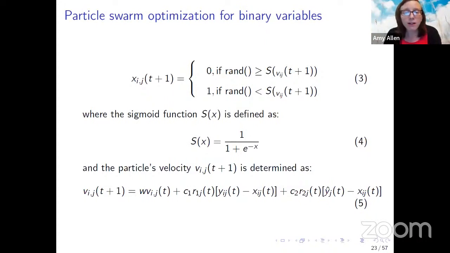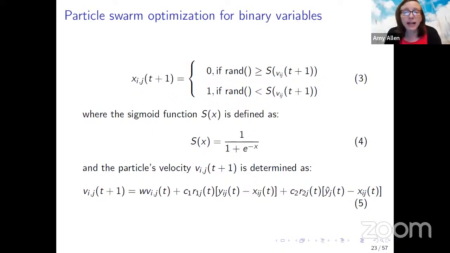And each particle maintains a memory of both its best prior location with respect to the objective function value and the best prior location evaluated by any element of the swarm.